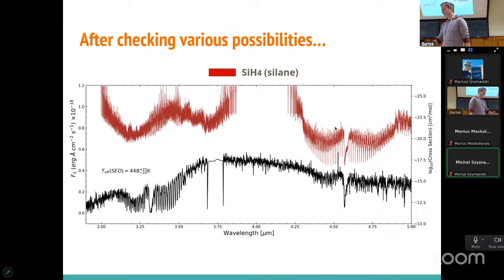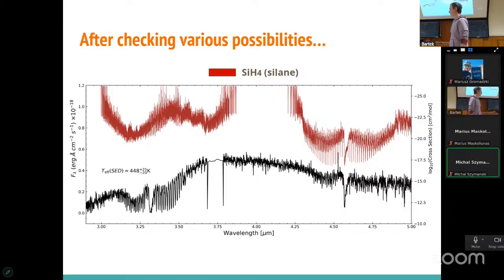So that is our main conclusion and main discovery at this point, that we could detect the presence of this silicon version of methane. Instead of carbon, you have silicon.